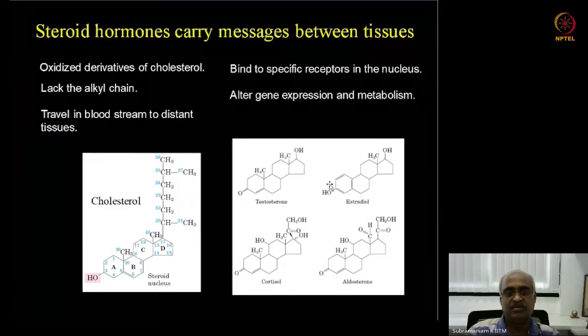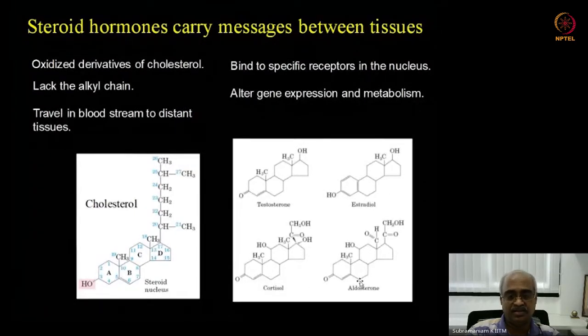The sex hormones, testosterone and estradiol, and then the adrenal hormones: cortisol, involved in glucose metabolism and immune response, where it is actually anti-inflammatory, and aldosterone in maintaining the ionic balance, the mineral balance, sodium and potassium level maintenance in the blood.